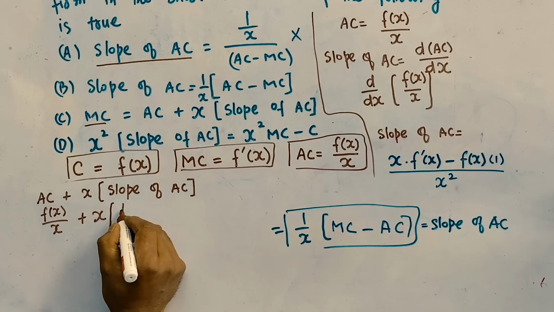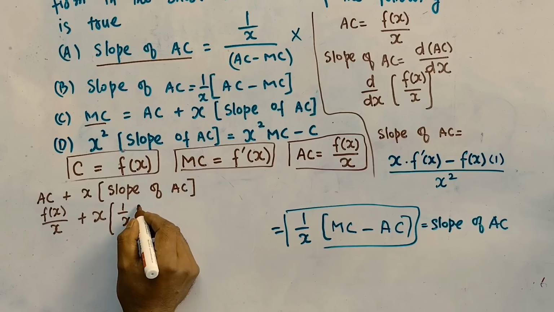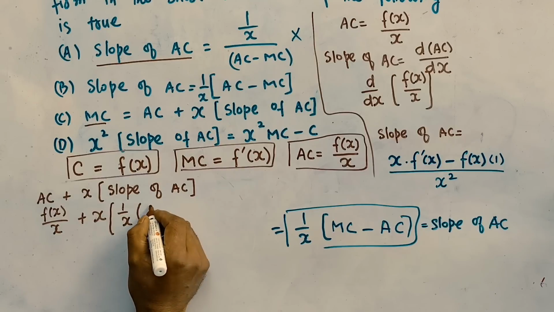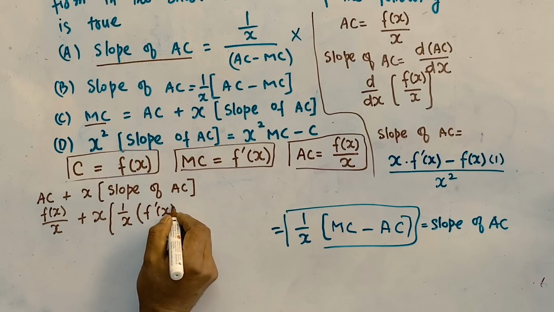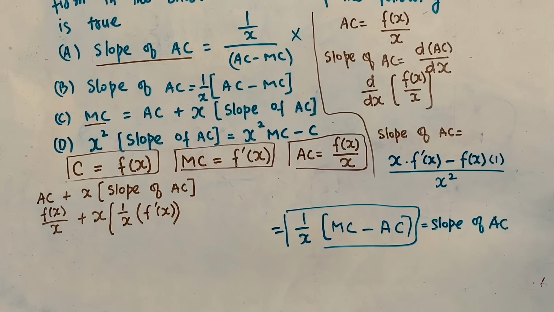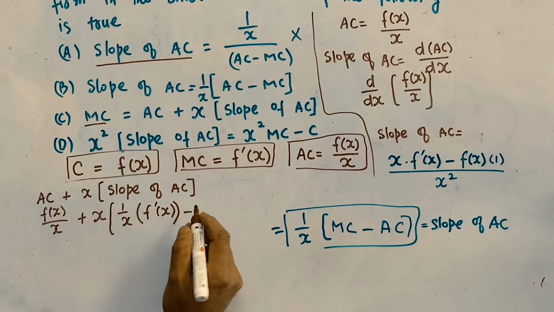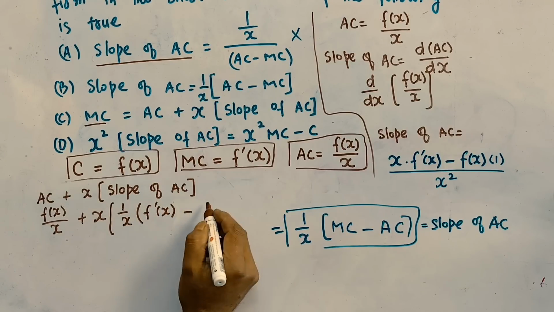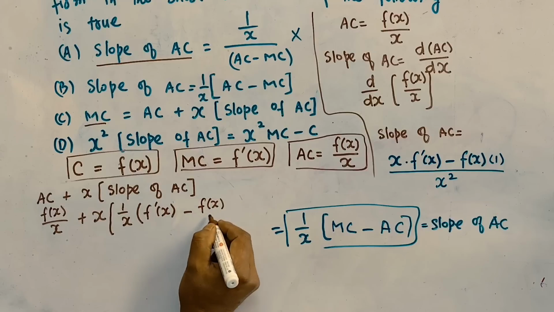So the slope of average cost is equal to 1 upon x times marginal cost, which is f prime x, minus average cost, which is f of x upon x.